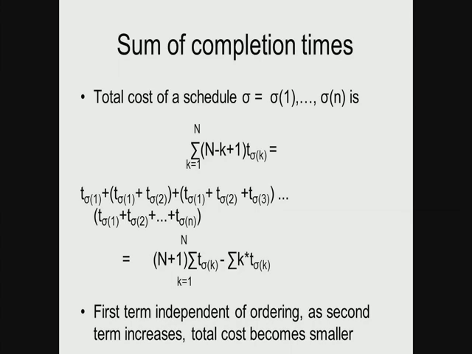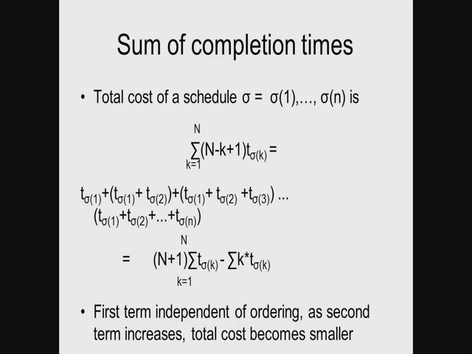That is what we are going to study now by writing down a formula for the sum of the completion times. So to do this, let us assume that there is a schedule which we refer to using the Greek letter sigma, and let us assume that sigma 1 denotes the first job and sigma n denotes the nth job in the sequence.